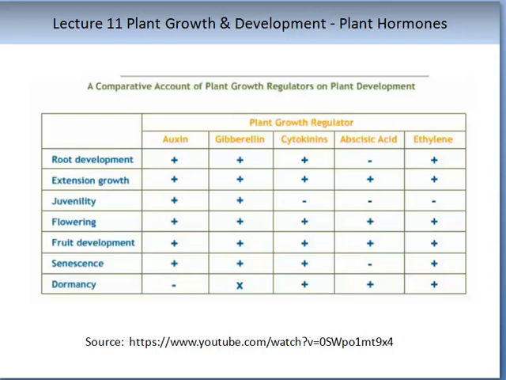The following columns after this represent whether the hormone is present with a cross or absent with a slash. The hormones that are examined in this comparison are auxin, gibberellin, cytokinins, abscisic acid and ethylene. Please understand that a couple are missing from this diagram, but it does allow a very simple and quick summary of which hormones are involved at which stages of plant development.